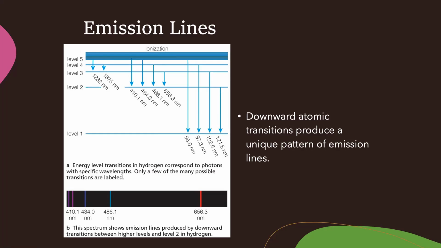And in doing so, there are all of these different kinds of light that can be emitted. So every one of these lines corresponds to a specific wavelength and a specific frequency of light. And that's how we get these emission line spectrums.